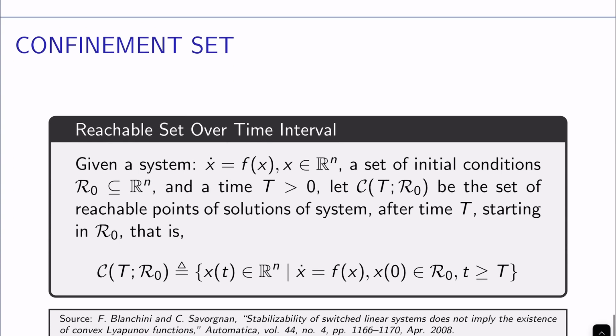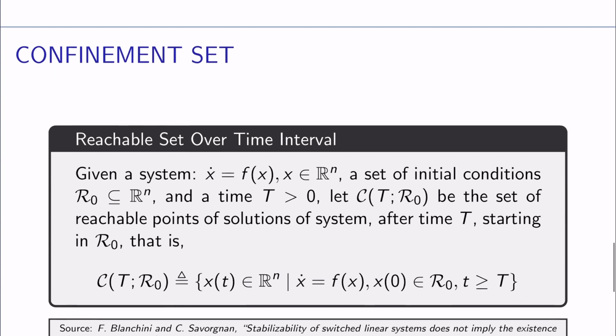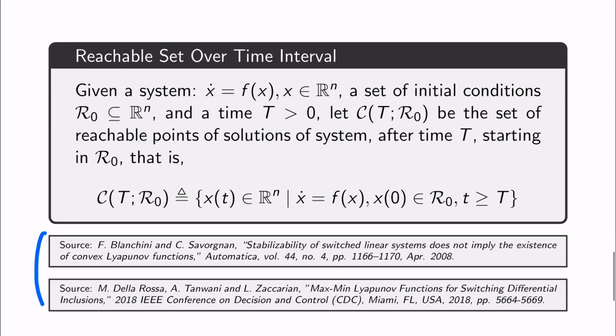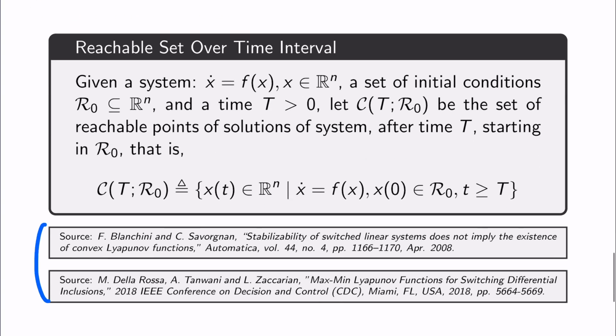Okay. Now, this was the reachable set definition, and now we will look at confinement sets. These are the sources. This video will be a part of a playlist, probably the second video, and the video after that one is related to convex open functions.